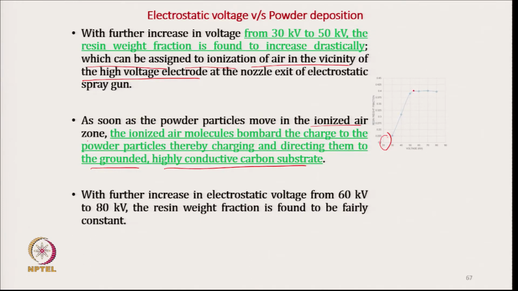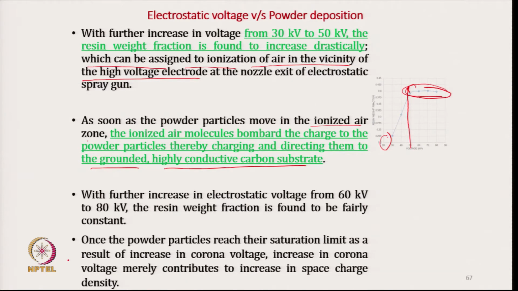But with further increase, because at 50 kilovolt it has already got saturated. So, with further increase in electrostatic voltage from 60 kilovolt to 80 kilovolt, the resin weight fraction is found to be fairly consistent, there is no change.